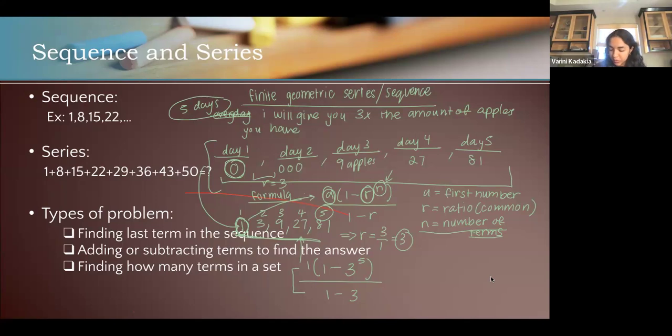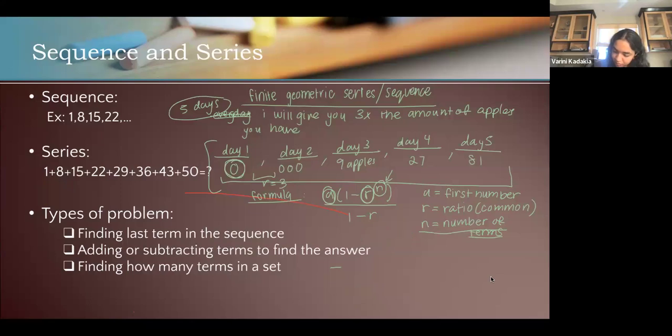So, let me erase some of this stuff. Okay, so here's the formula, right? This over here. So basically, you'd put the first term of the sequence here.